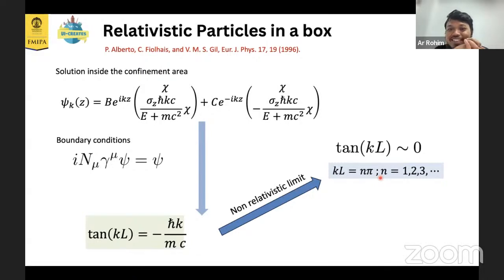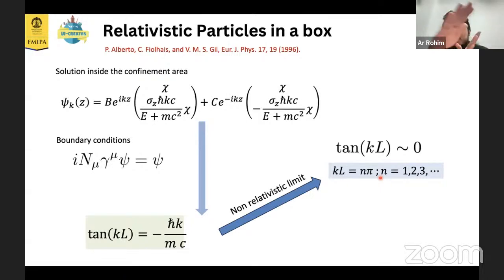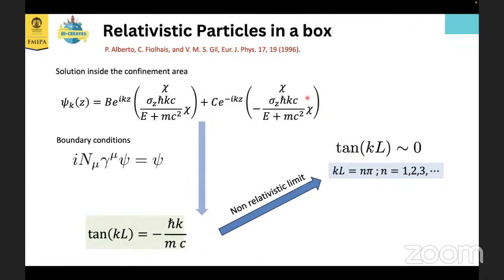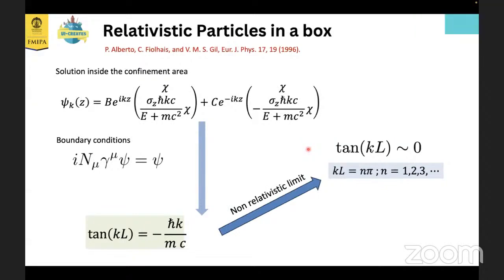So the minimum energy is not 0, and the minimum state is given by n equals 1. The n is the energy level, corresponding to the state: the ground state, first excited state, second excited state, and so on. The principal quantum number, right?